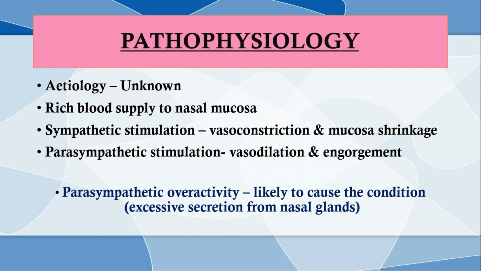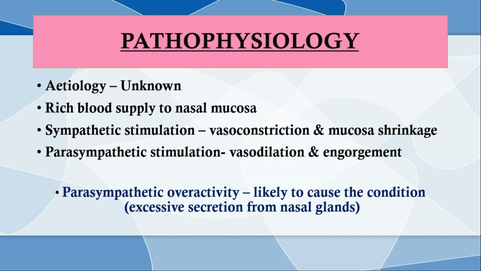The pathophysiology of non-allergic type of rhinitis, and more so in vasomotor rhinitis, the etiology is unknown. As everybody knows, there is a rich blood supply to the nasal mucosa.